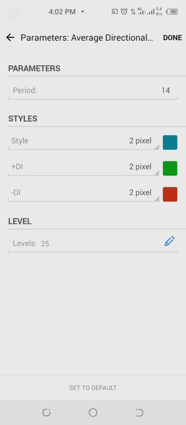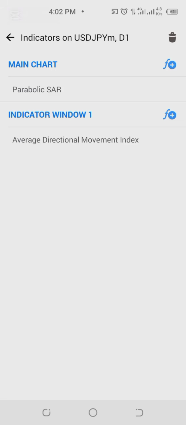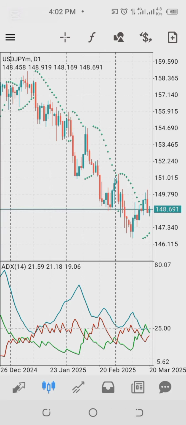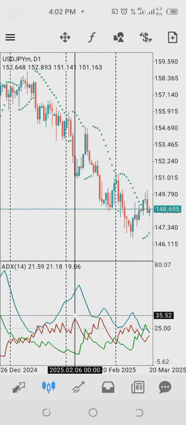And then I would like for you to add levels 25. Very, very important. Please add level 25 on the average directional movement index settings. Then when you're through with all that, you click done. And here we go. This is our ADX on the chart.